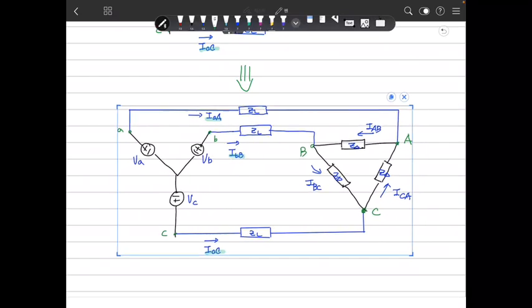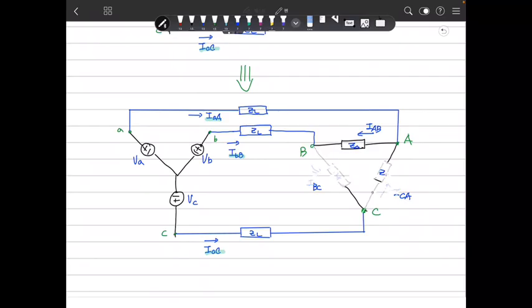this is the circuit. Then we need to change only this portion here. We need to change this. We replace this configuration. How can we do that?